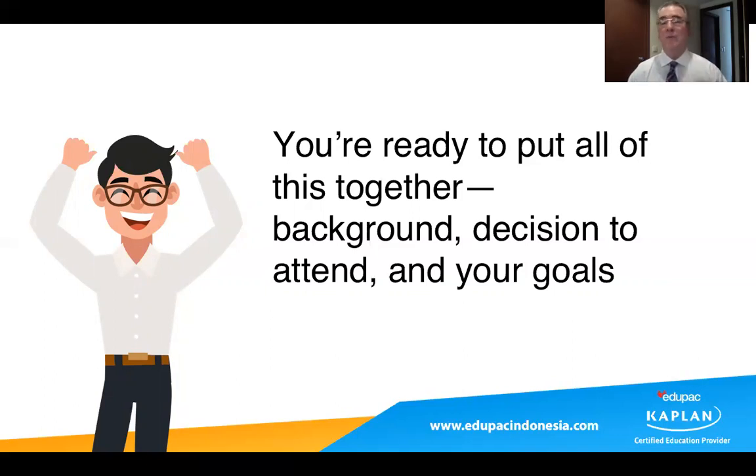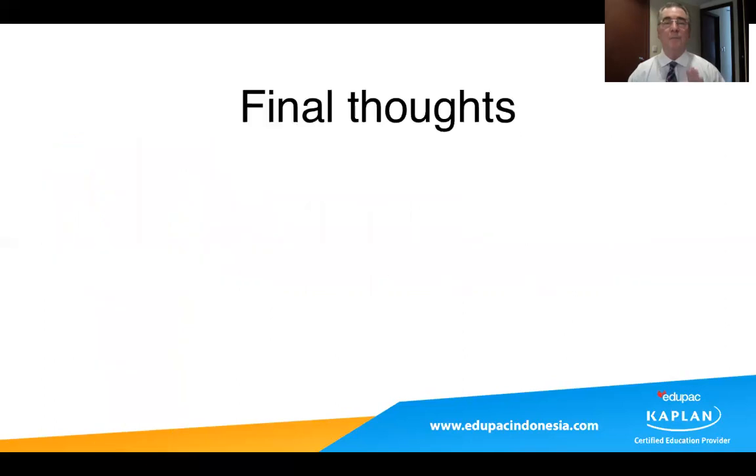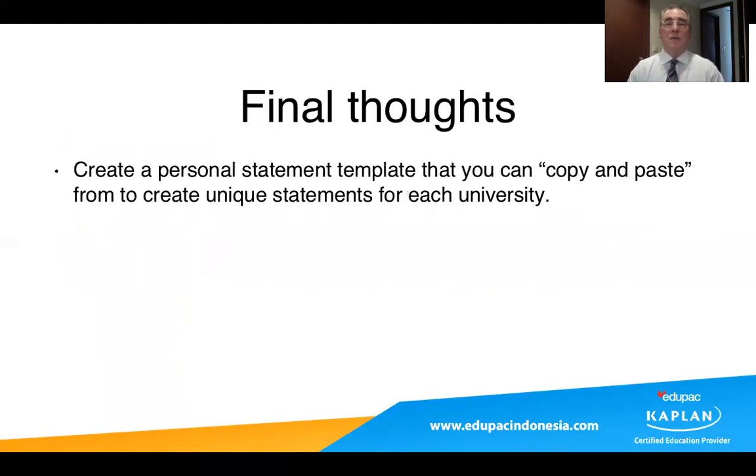Let me give you some final thoughts then before I close tonight. The first one is, it would be wise to create a personal statement template that you can copy and paste from to create unique statements for each university. So in your rough draft, feel free to go beyond the word limitation that most universities set for your document, which is about 750 words.